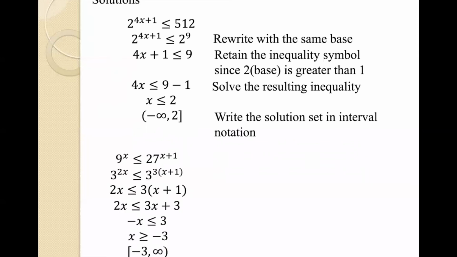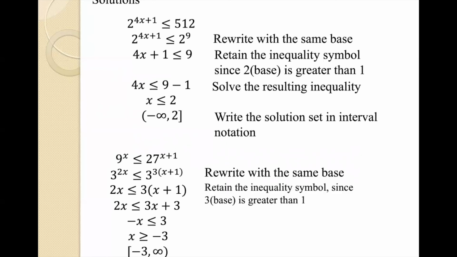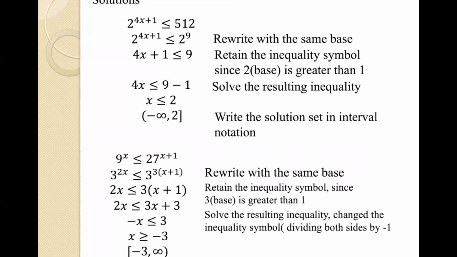Next, 9 raised to x less than or equal to 27 raised to x plus 1. Again, rewrite them with the same base. So here, 9 and 27 can be written as 3 squared and 3 cubed. And then, the base used is 3, greater than 1. So, retain the inequality symbol. So, solve the resulting inequality. So, we transpose 3x on the left side, resulting to negative x less than or equal to negative 3.